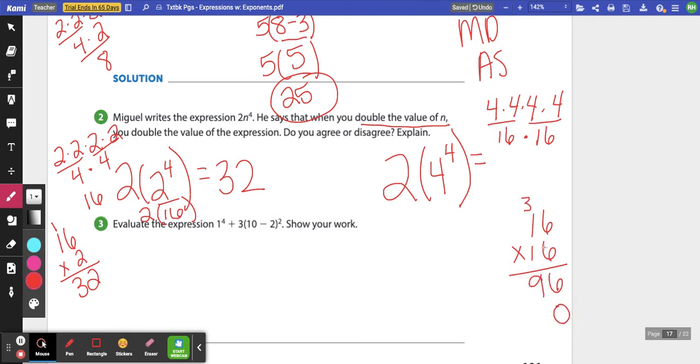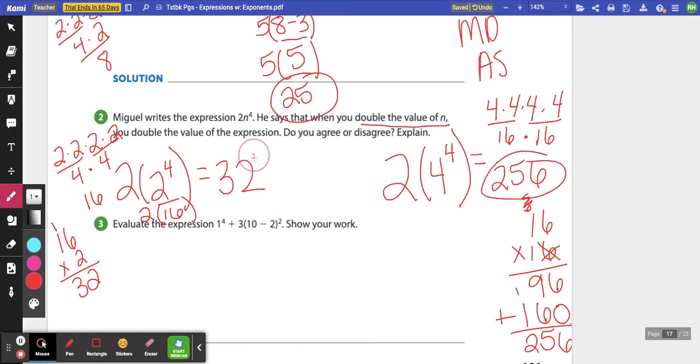I'm going to add my placeholder and move over to the tens place. 1 times 6, 1 times 1. 256. So if you double the value of n, is the whole expression doubled? Well, no, 256 is much larger than 32.